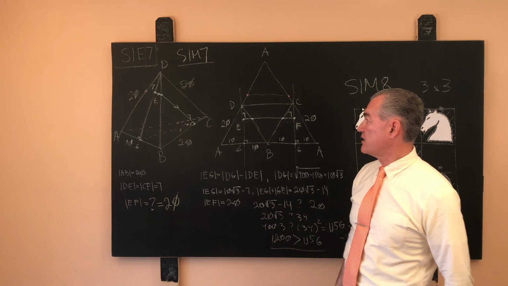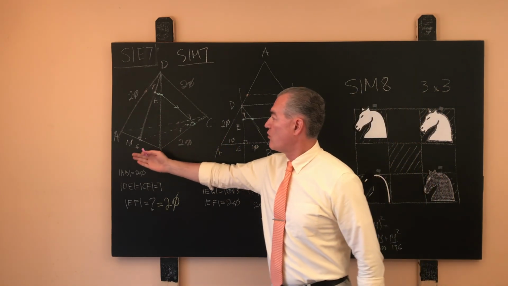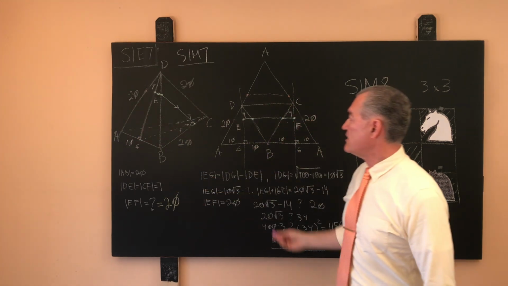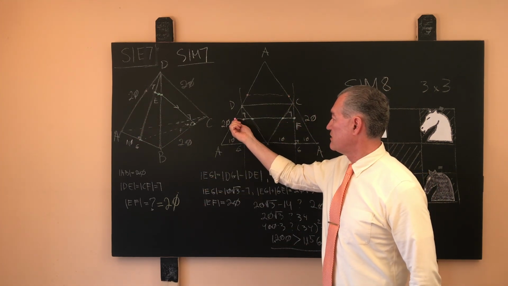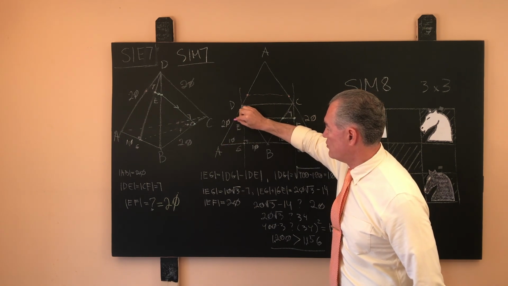Our ant can also crawl over the face ABD, in the opposite direction this way, parallel to the edge AB into this point.